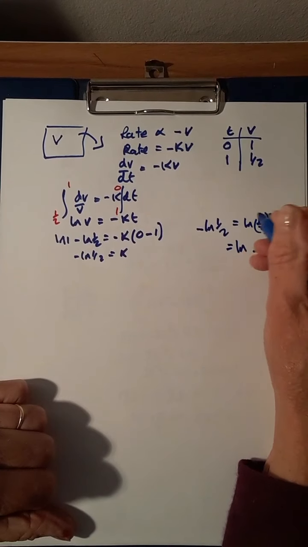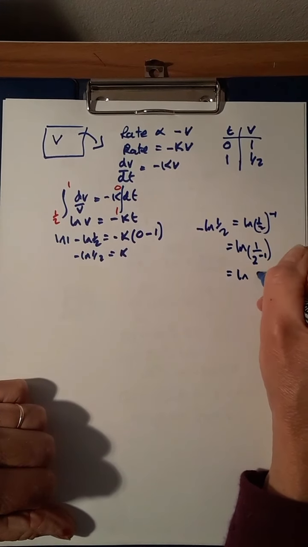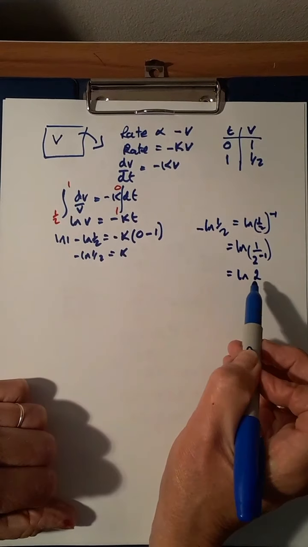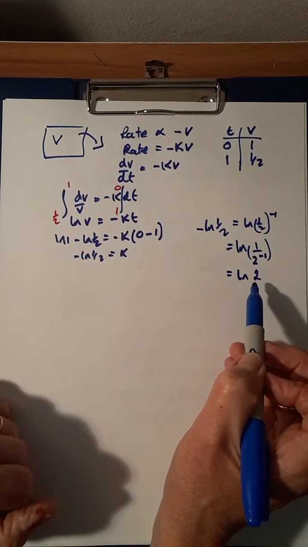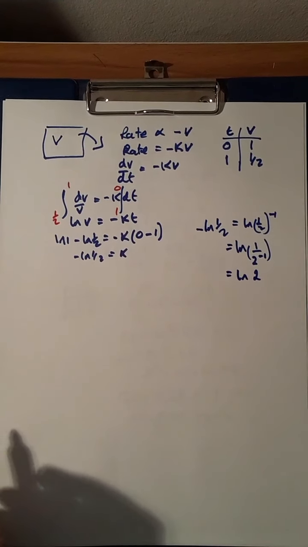That all means the same thing. And if I brought that 2 above the line, that's ln of 2. So minus ln of 1/2 is the same as ln of 2. That's just another way of writing it, a nice little link to remind us.